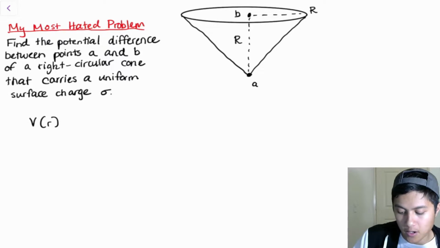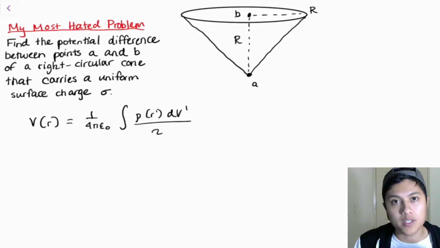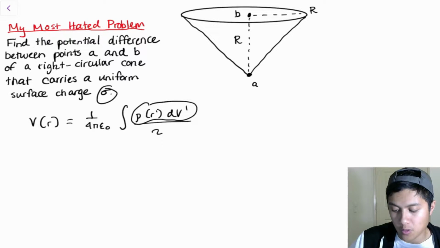To start this problem, I propose we start with the potential formula. V of r is equal to 1 divided by 4 pi epsilon 0 times the integral of the charge density, rho of r prime, d tau prime, over script r. But remember, we are only dealing with a two-dimensional surface charge density sigma here. What I wrote down here is the three-dimensional case.